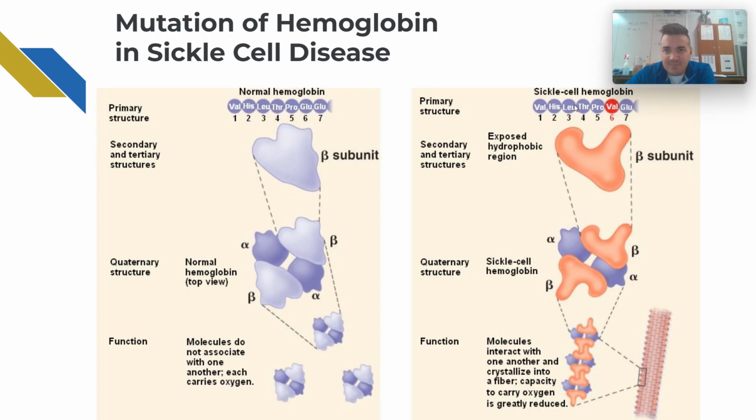Because of that, when you have this valine here, it allows parts of the hemoglobin protein on this beta chain to become attracted to a hydrophobic pocket on a neighboring hemoglobin. And so they wind up connecting to each other and forming these big long strands, these big long fibers. And those fibers are what stretch out the cell and cause the cells to sickle, and lead to all the different problems that O.C. Ryan had when we learned about her during presentations. So that's an example of a disease that's caused by just one DNA base being wrong.